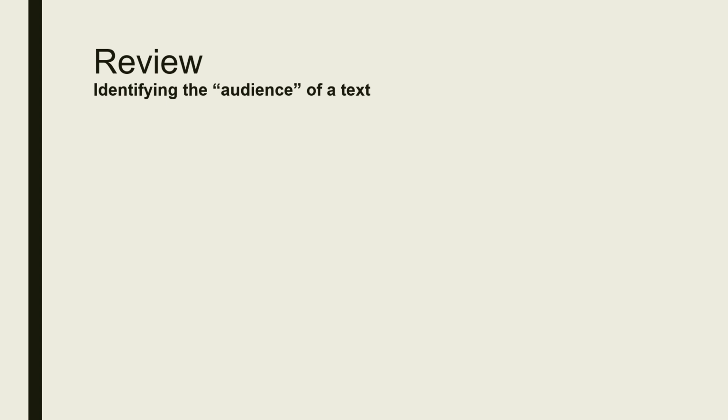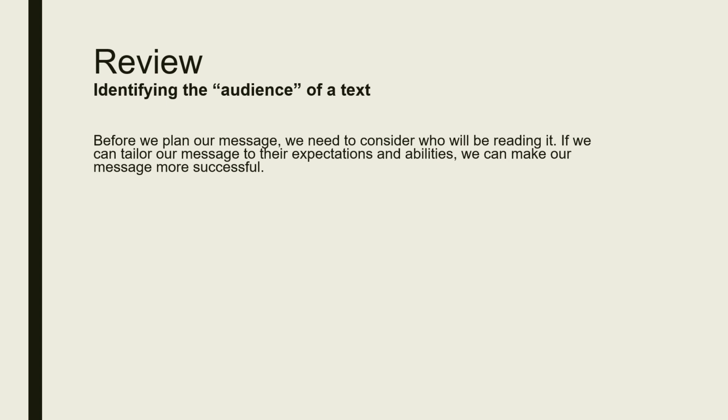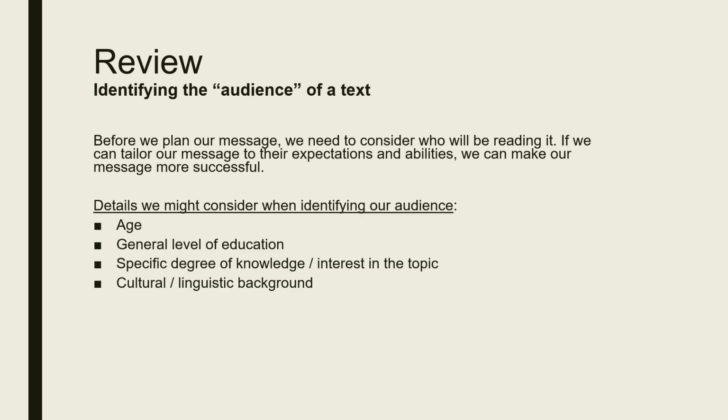So now let's move on to reviewing the audience of a text and how we can identify that. So before we plan our message or our assignment, we need to consider who will be reading it, or in some cases listening to it. If we can tailor our message to their expectations and abilities, we can make our message more successful.